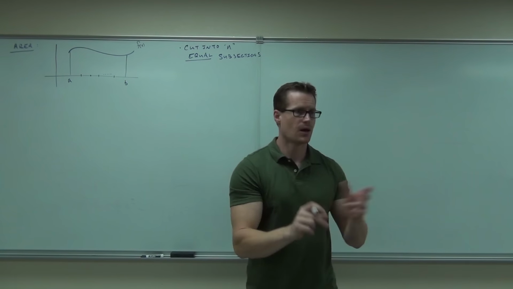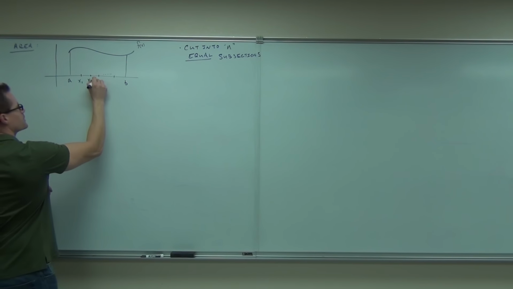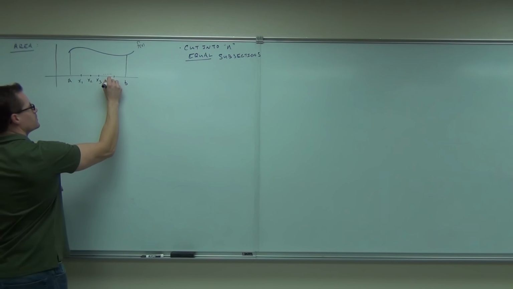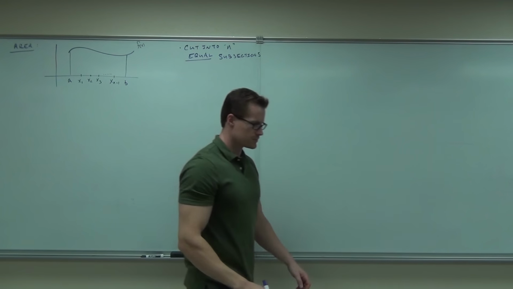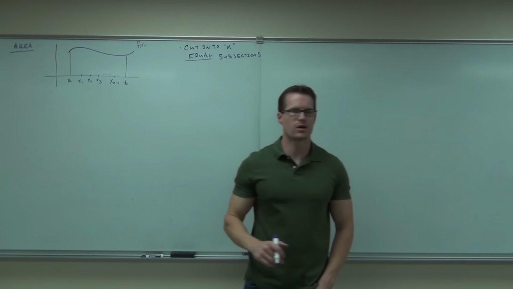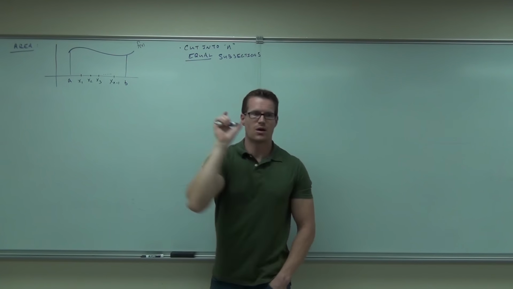You got the idea? This one will be our first cut, x sub 1, then x sub 2, then x sub 3, up to x sub n minus 1. Why n minus 1? Because the next one would be at b. That would be our last one. X sub n would be our last cut.